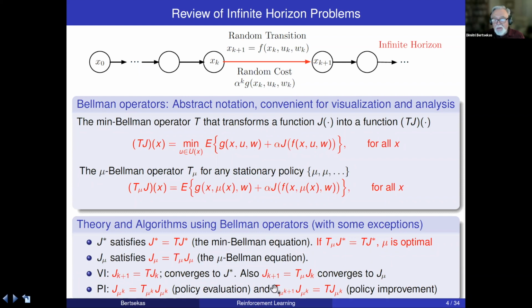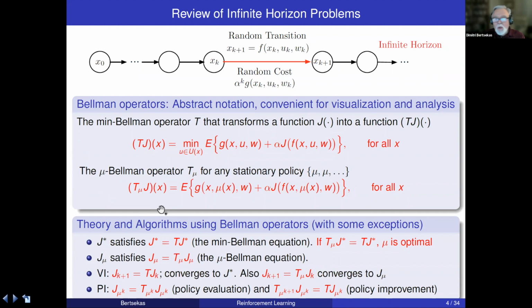And then it improves it by applying T to it to obtain a new policy mu k plus 1. So it generates a sequence of policies, and the hope is that it converges to an optimal policy. So all the theory can be written in one slide by using T and T mu.